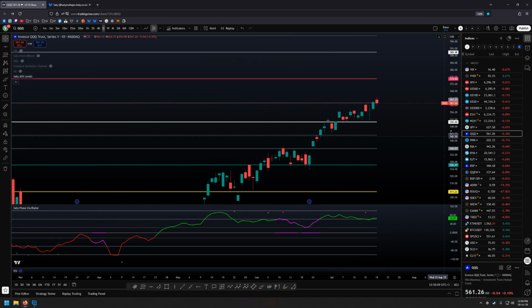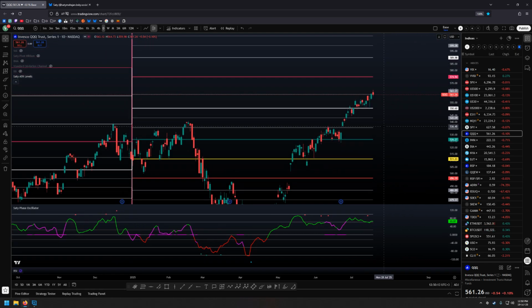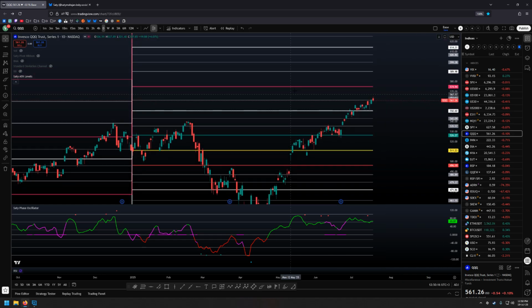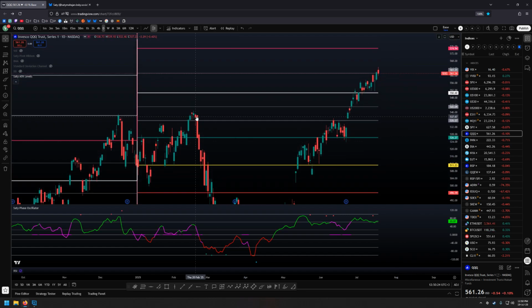There are a couple of rules with this one. One is the golden gate. Actually, that's the only rule for this one. The other one is for the pivot ribbon. So the golden gate is that if we tag this level, so this is 23, this is 38.